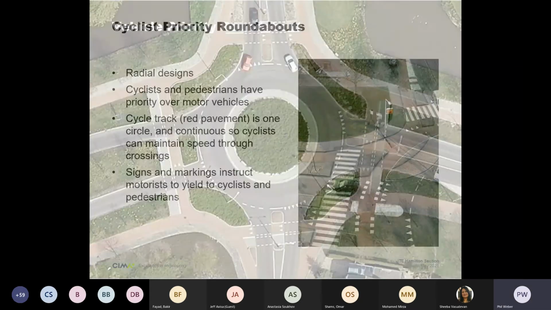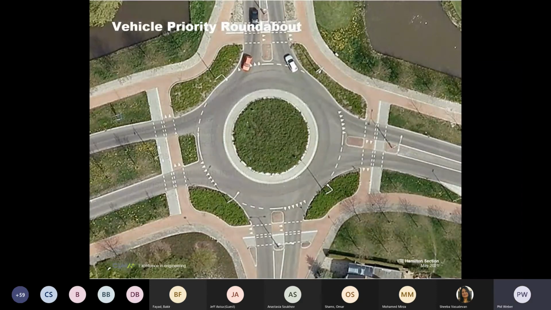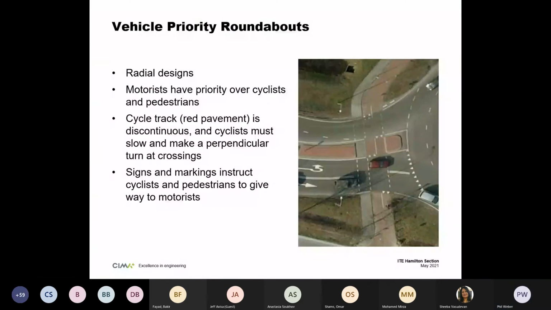Here's the vehicle priority roundabout. Again, it's a radial design, so both roundabouts are radial designs. In this case, though, motorists have priority over cyclists and pedestrians. The cycle track, or red pavement, is discontinuous, and cyclists must slow and make a perpendicular turn at the crossings. Signs and markings instruct cyclists and pedestrians to give way to motorists. So you can see there's a couple major differences here, right?